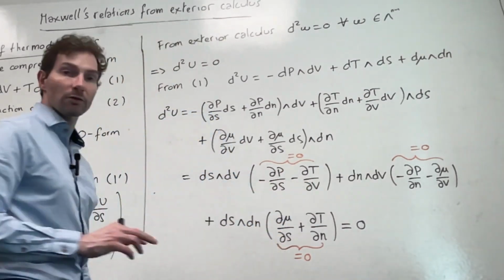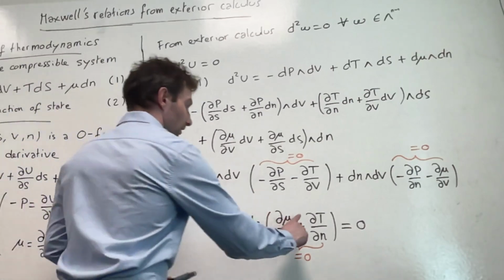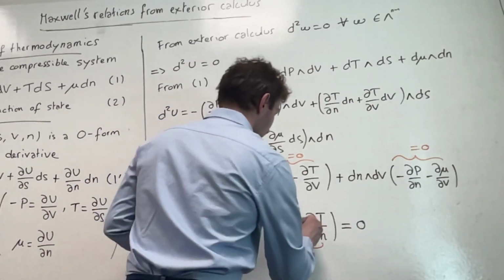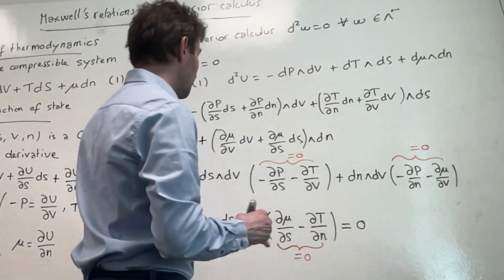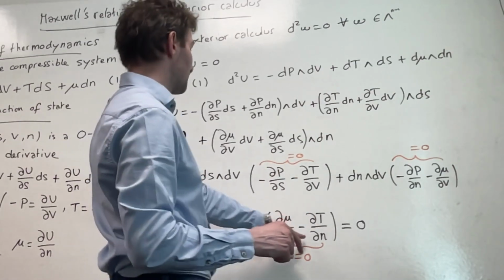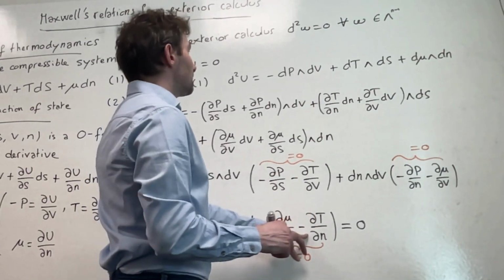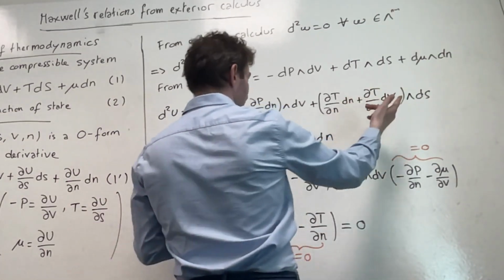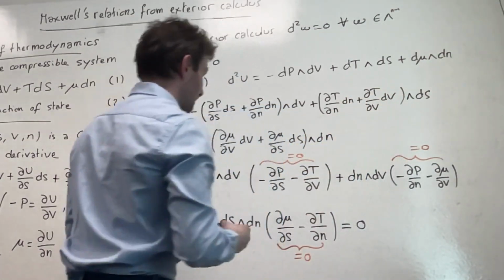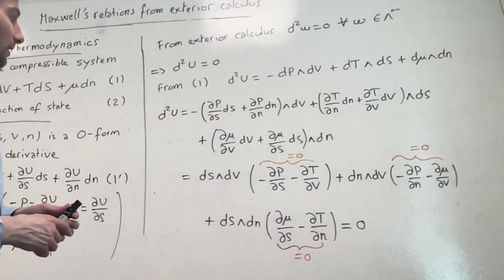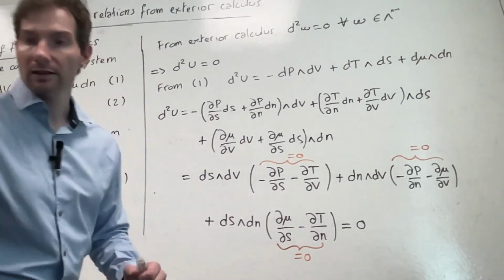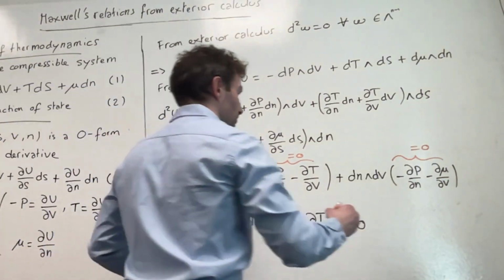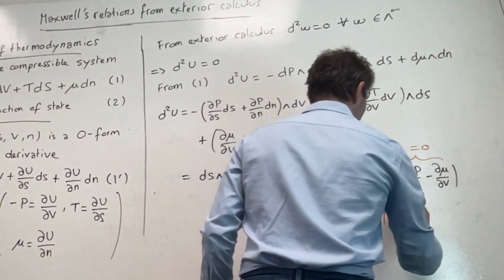Oh, I forgot one, apologies. This one could be minus here, because we had dt dn here, and it was dn ds, so I need to switch to get a minus sign. But basically that's it. These triplets of equations are Maxwell's relations.